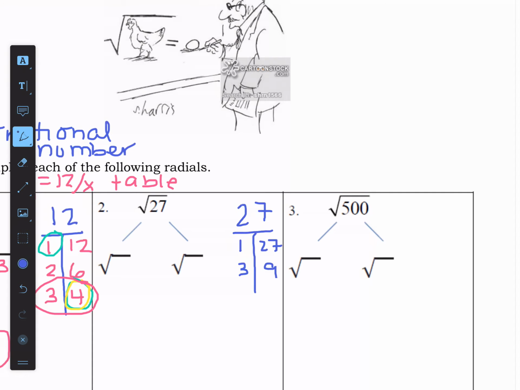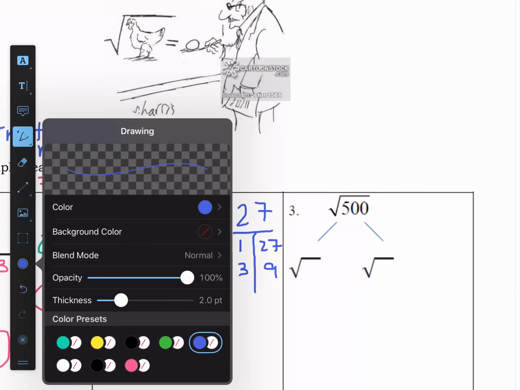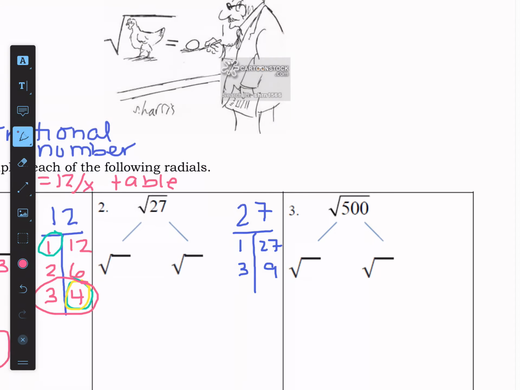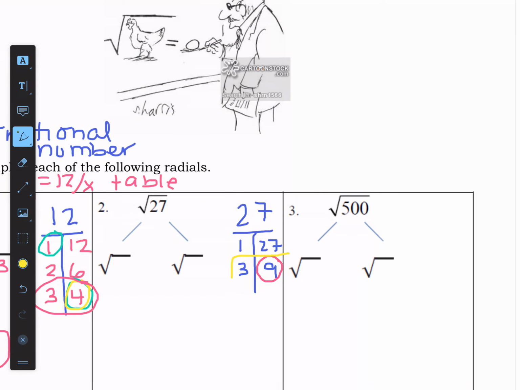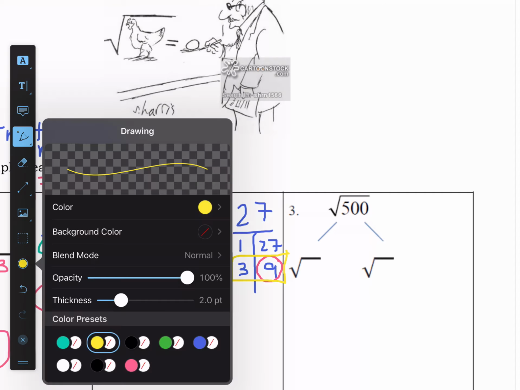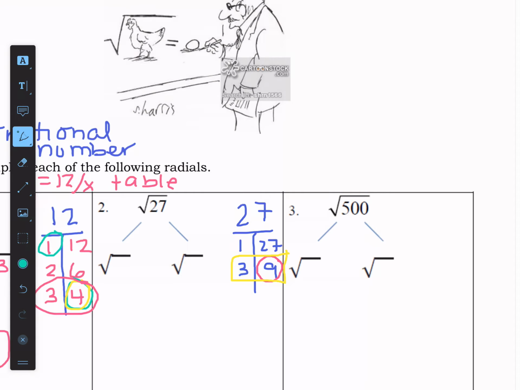So now you want to ask yourself, okay, where do I see perfect squares in this list? Well, 1 is a perfect square, so that's always going to be there. The only other perfect square I see is 9. Okay? So what that means is that I am using 3 and 9 over here to simplify my 27. Now, we always list the perfect square first.